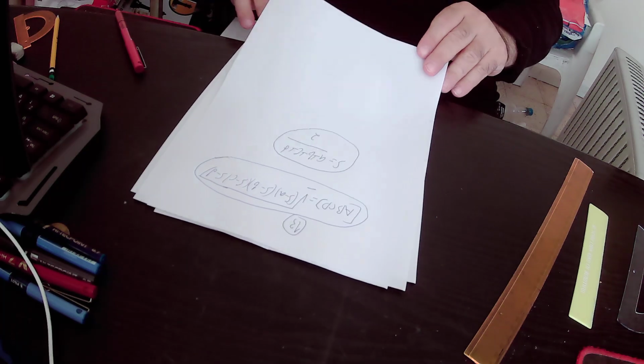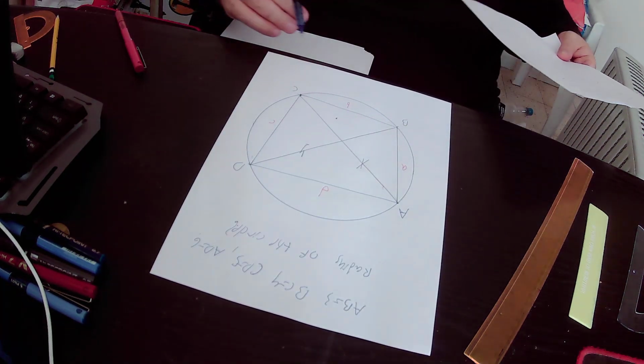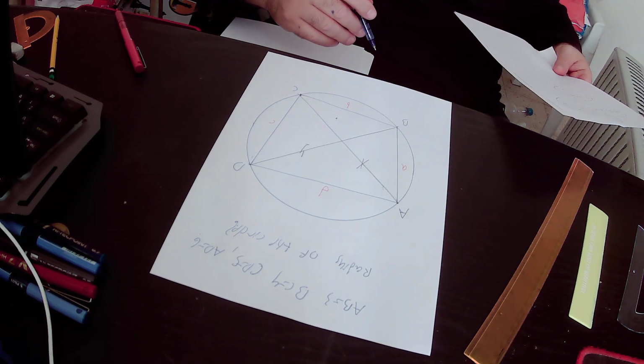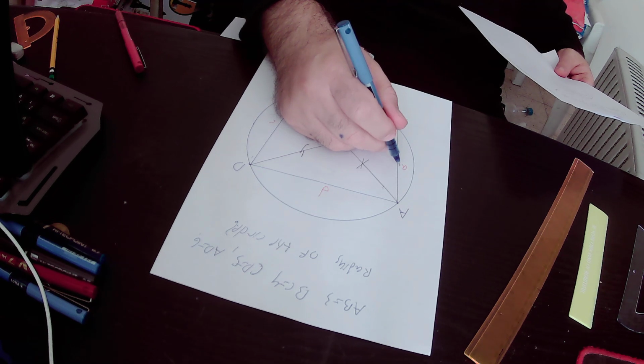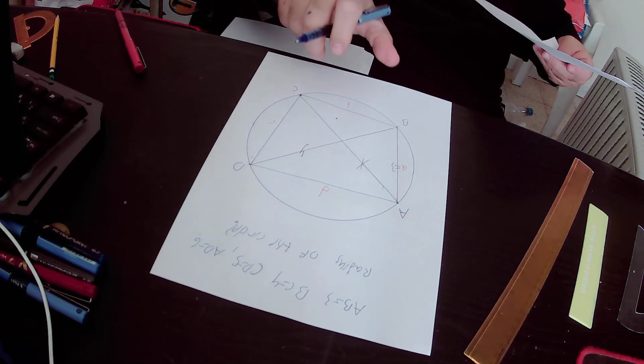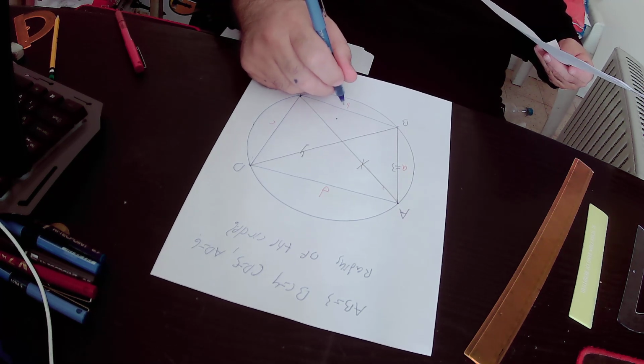Now, we actually know, according to what is given in the question, that A equals 3 units, BC, that is B, equals 4 units.